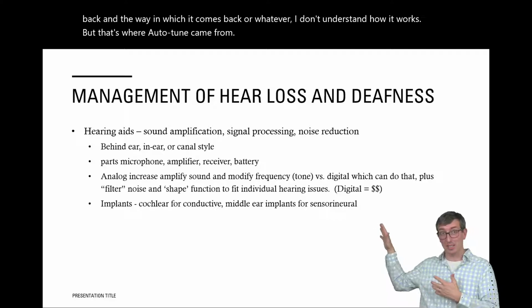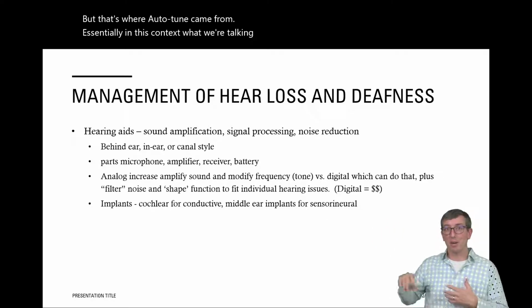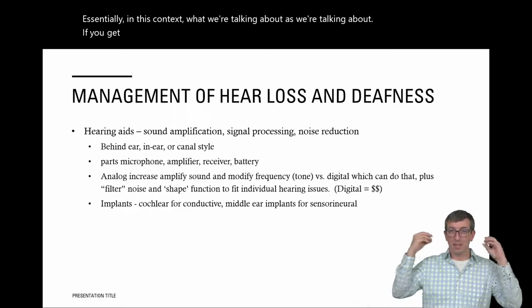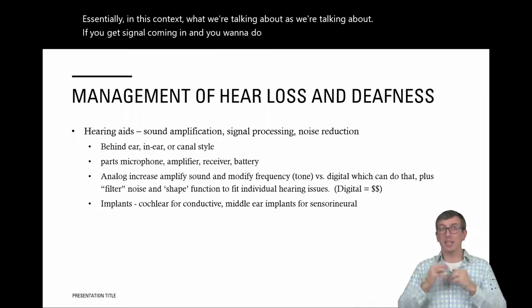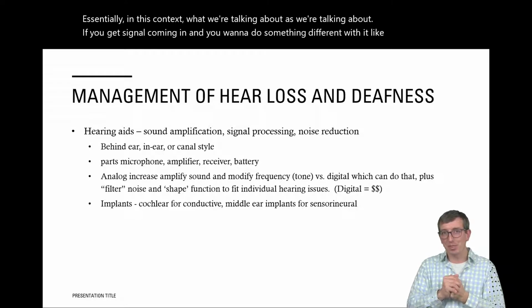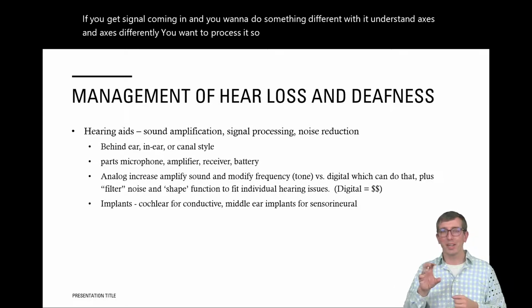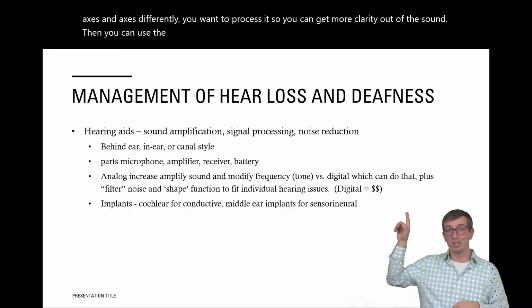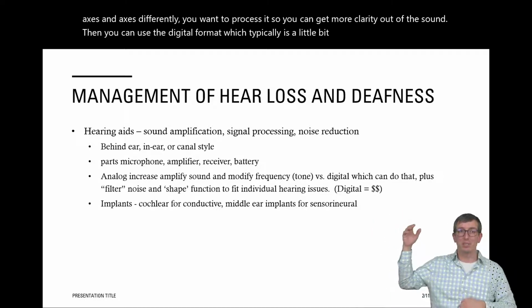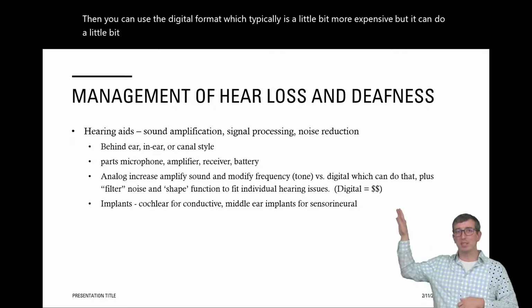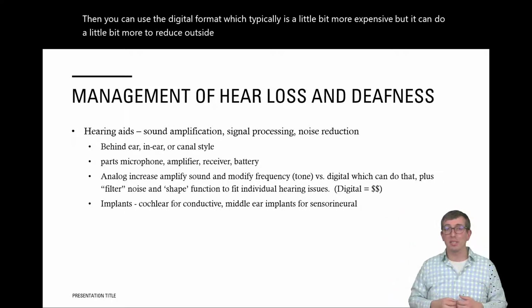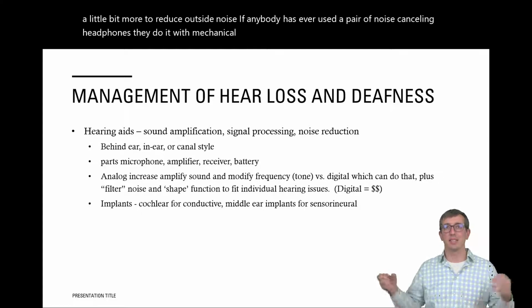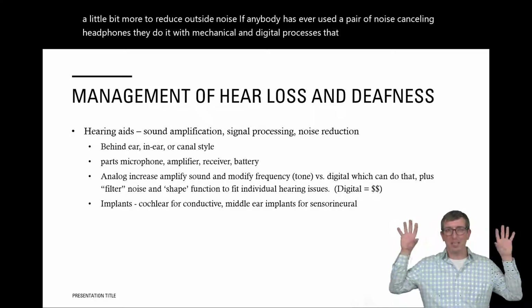Essentially, in this context, what we're talking about is if you get a signal coming in and you want to do something different with it, like understand X's and S's differently, you want to process it so you can get more clarity out of the sound, then you can use the digital format, which typically is a little bit more expensive, but it can do a little bit more to reduce outside noise. If anybody's ever used noise-canceling headphones, they do it with mechanical and digital processes that block out all the extra outside stuff.